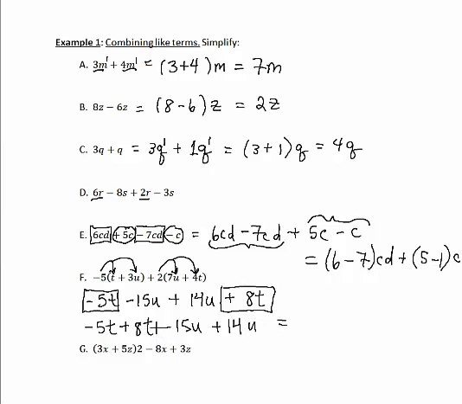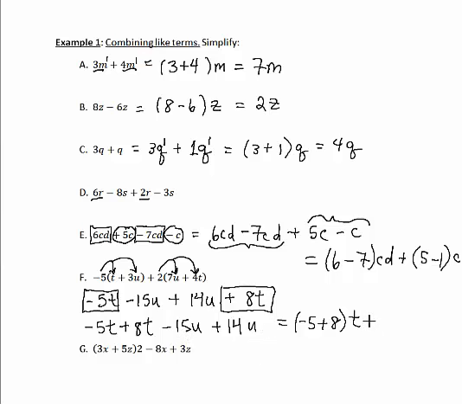And so we can only combine the t terms, which would give us a negative 5 plus 8 with a t attached. And then we can combine our u terms. So the best we can do is simplify this to an expression that has two terms in the end.